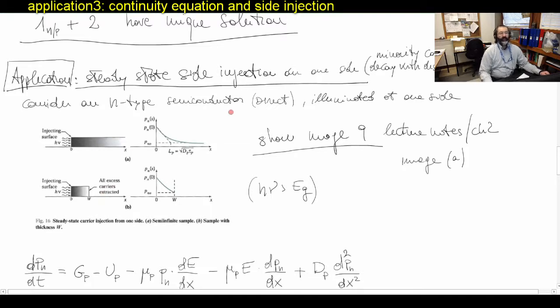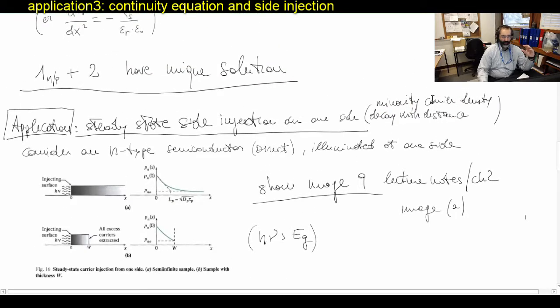that relates to steady state injection on one side of a semiconductor. So the idea here is, once we have a light source that is illuminating one side of the semiconductor, to understand how the minority carrier density decays with distance within the semiconductor.